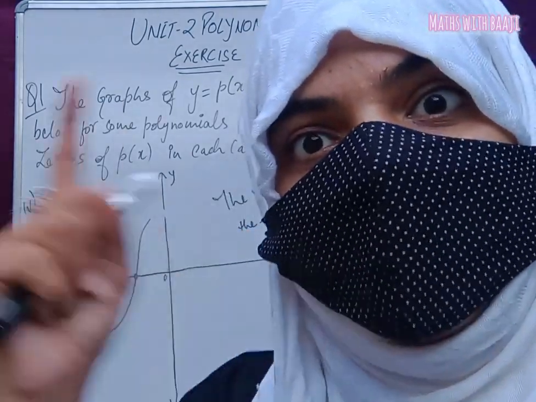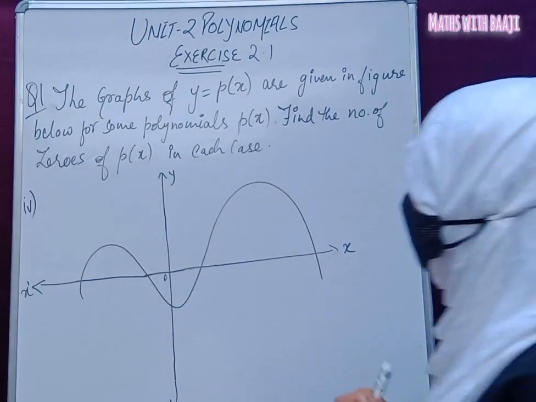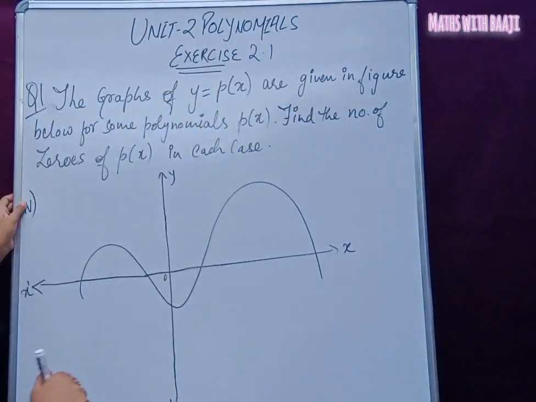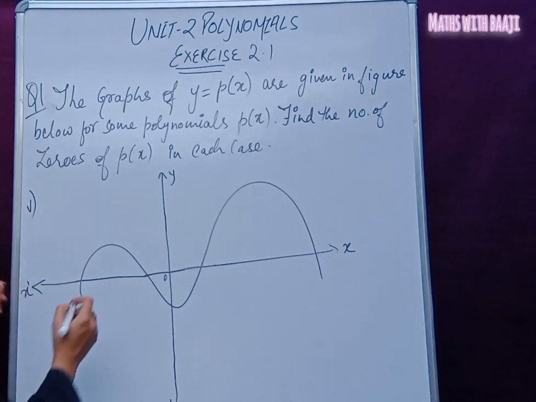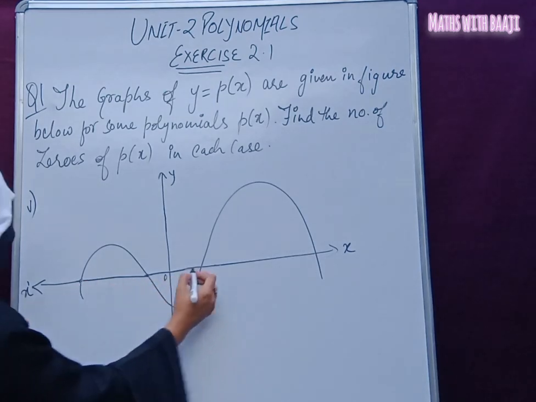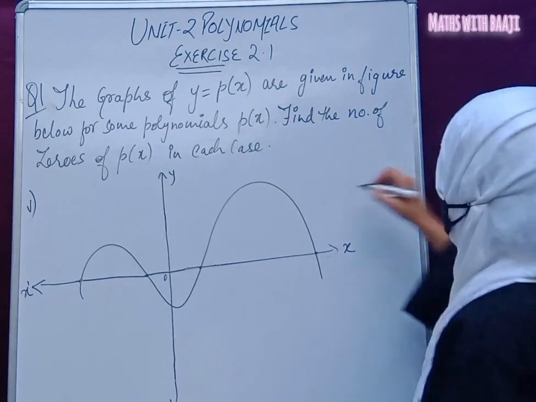Let's move to the second last part, 5th part. Now let's see, this is 5th part, beta. This is not 4, this is 5th part. So let's have a look. So you can see 1, 2, 3, 4. So how many times is it intersecting? 4 times.